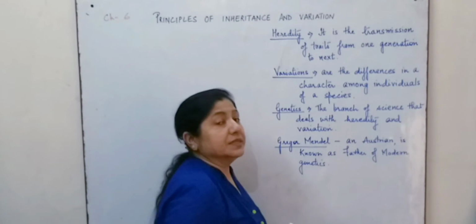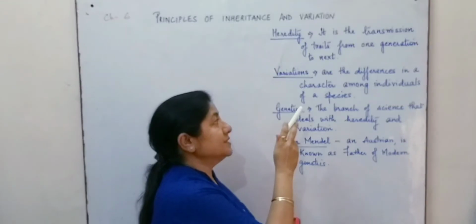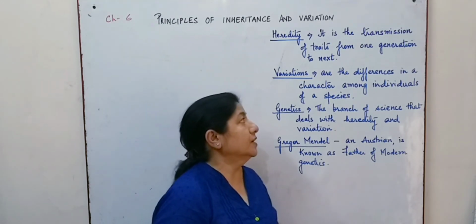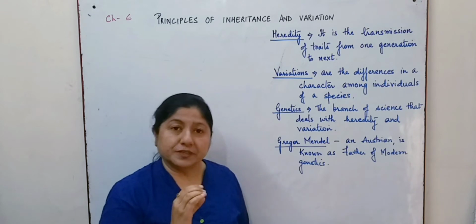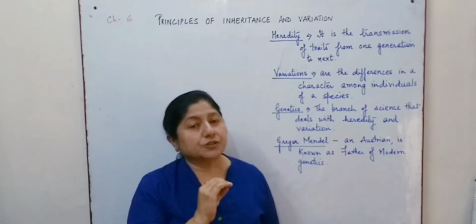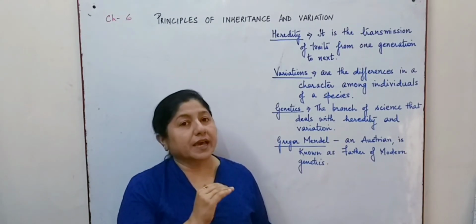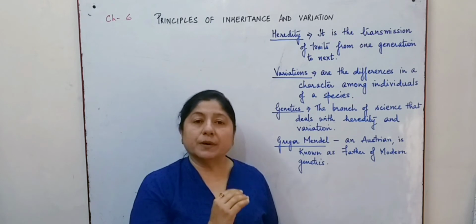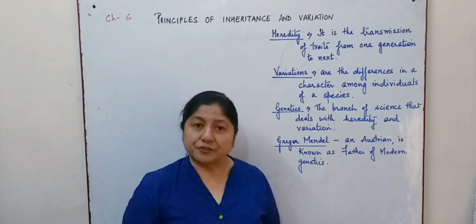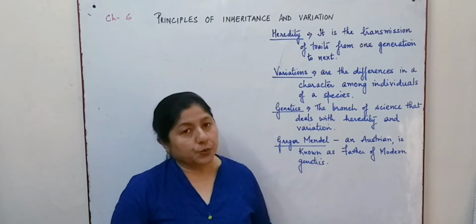The next term is variations. Variations are the differences in the characters among individuals of a species. Any particular trait or character, when observed among the members of a species, shows a lot of differences, and these differences form the variation.